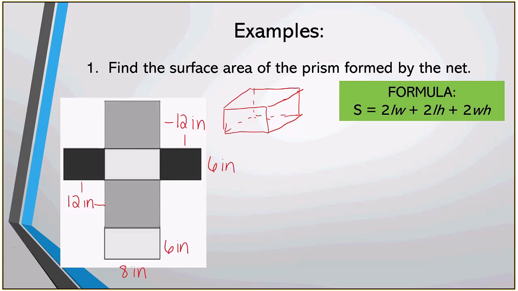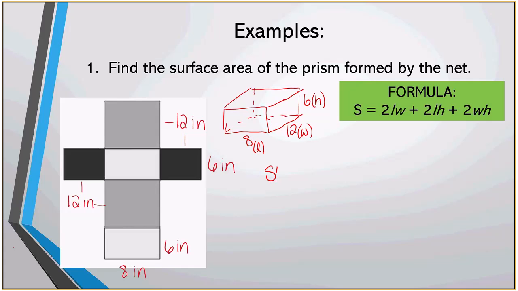Okay, so it looks to me as if this might be 8, right? I'm going to call this side dimension 12, and then I'm going to call the height 6. So I'm going to say that the 8 is the length, the 12 is the width, and the 6 is the height. So we're just going to plug into this formula.